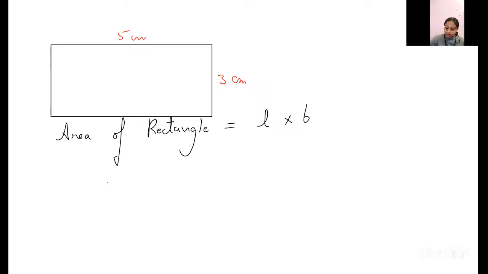How is it 5 centimeters square? I'll explain that to you all.